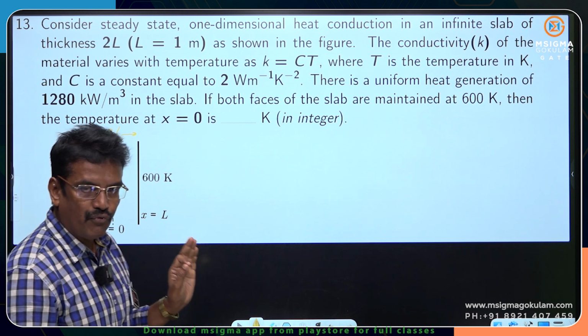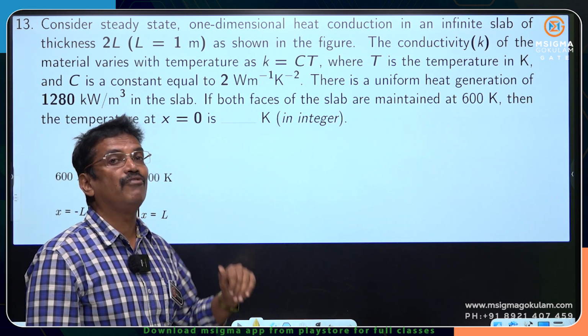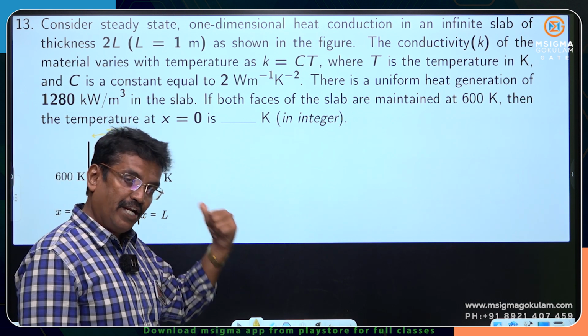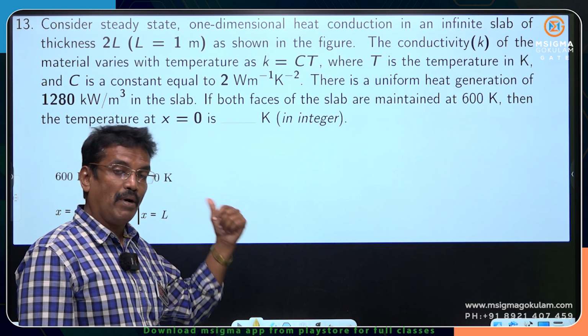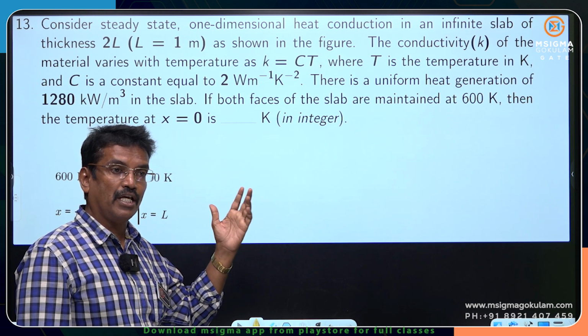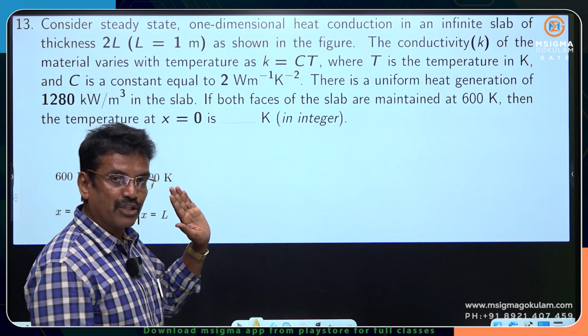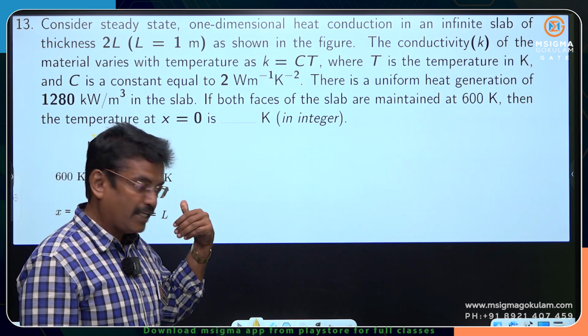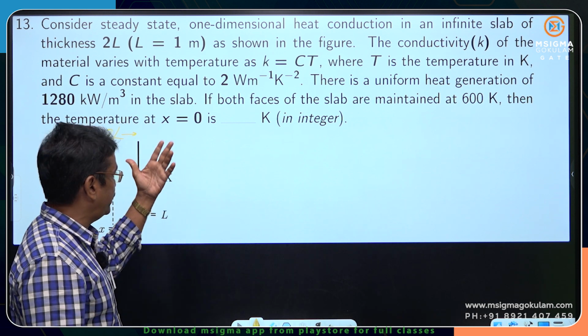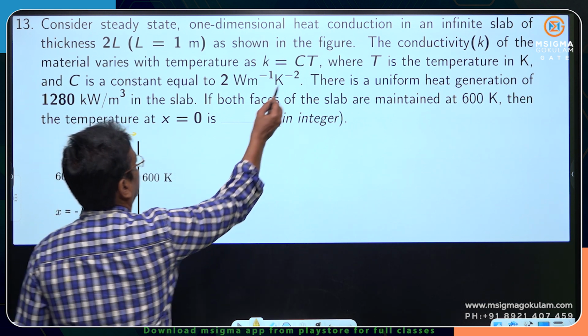It is the uniform heat generation case, but with variable conductivity. Such a problem we have done earlier also, but there the conductivity of the material is constant. It is not a function of x, not a function of temperature, but now K is a function of temperature. So it is a variable thermal conductivity. Look at this problem.